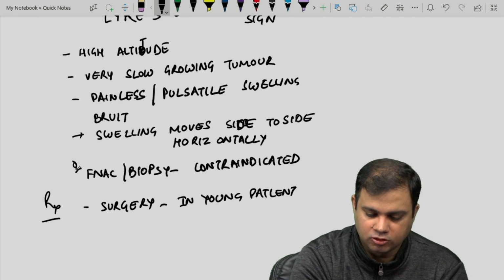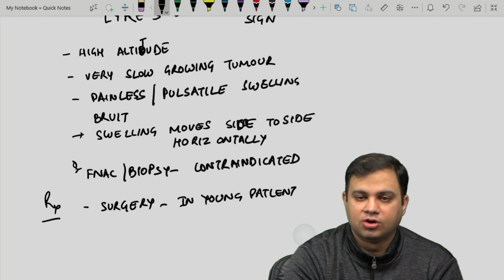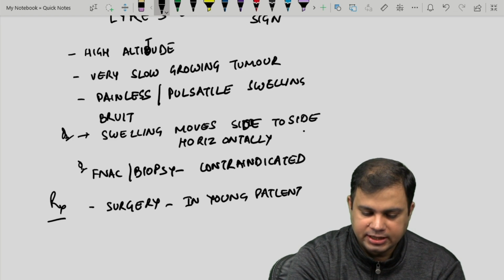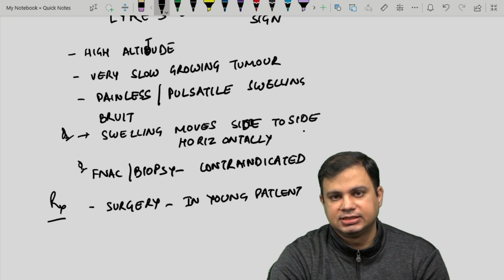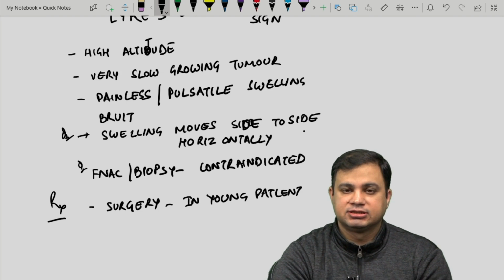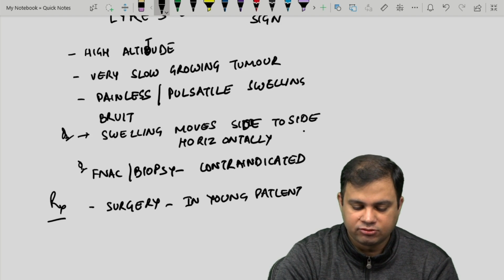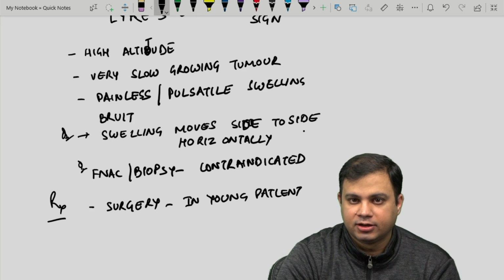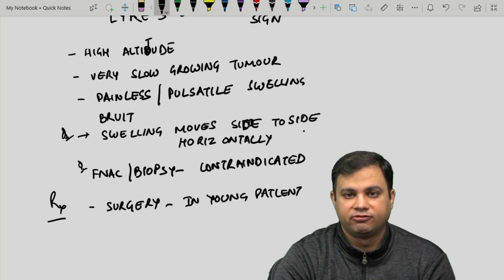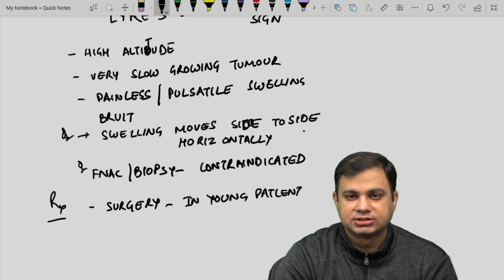This is also one of the cautions, and the swelling moving horizontally and not vertically is also one of the questions. As I said, it is seen in patients who are located in high altitude, and it is a very slowly growing tumor. You have to diagnose it clinically, and on MR angio we will see a Lyre sign. Lyre sign is splaying of the internal as well as the external carotid artery.